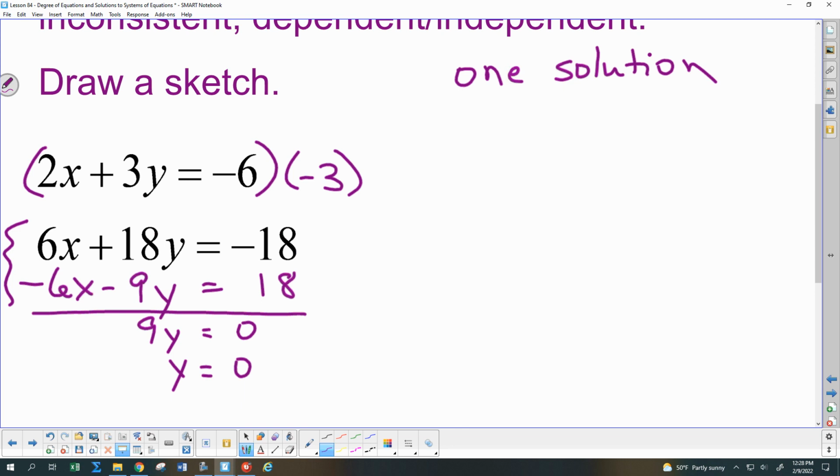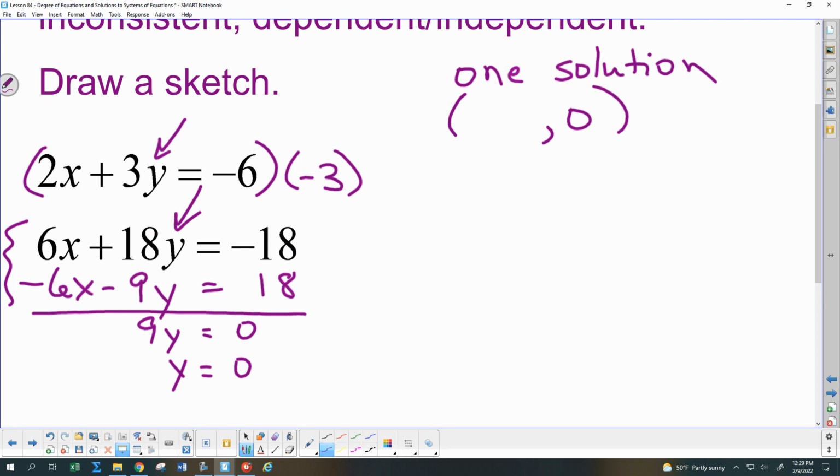But if you get a number for one of them, you automatically know that you have one solution. We know that the y is 0. So everybody take 0 and plug that in for one of these y's and tell me what we are going to get for the x. So pick the first or the second equation, whichever one you like best, and figure out what x needs to be.